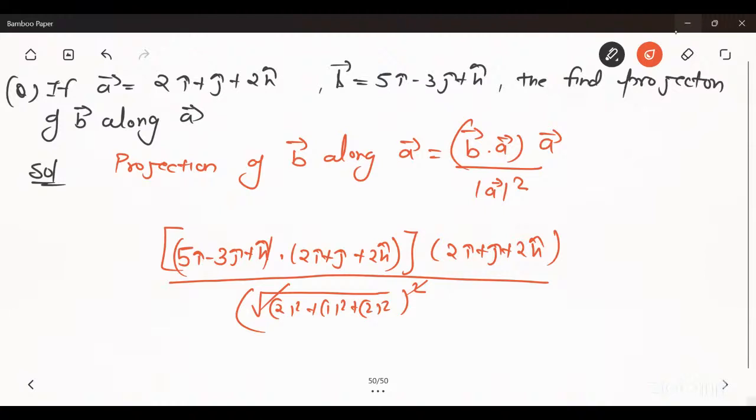Plus 4, 9. So the value will become 5 into 2, 10, minus 3 into 1, minus 3, plus 2 into 2, into 2i plus j plus 2k, and then by 4 plus 1 plus 4, which will become 9. So 12 minus 3 is also 9.